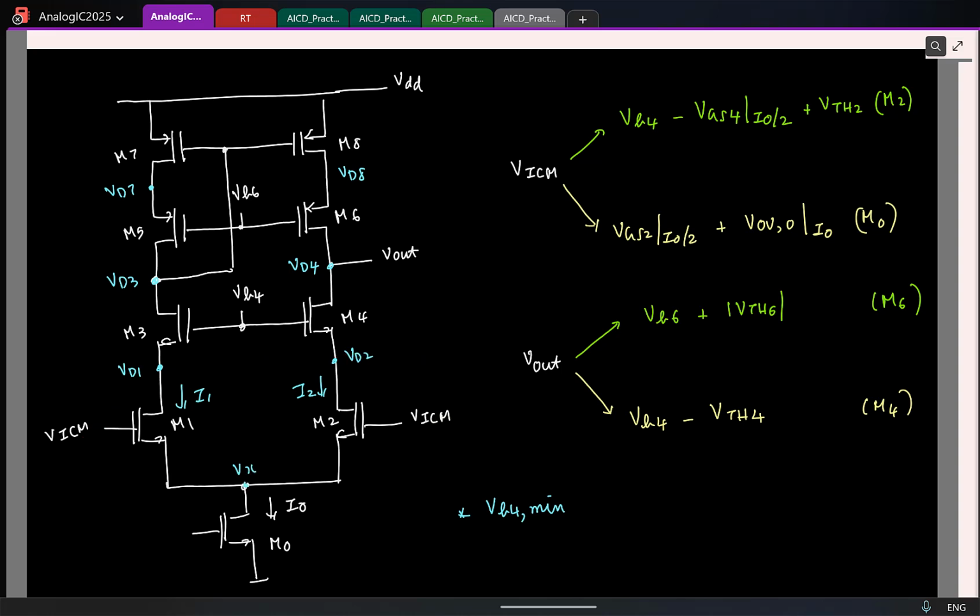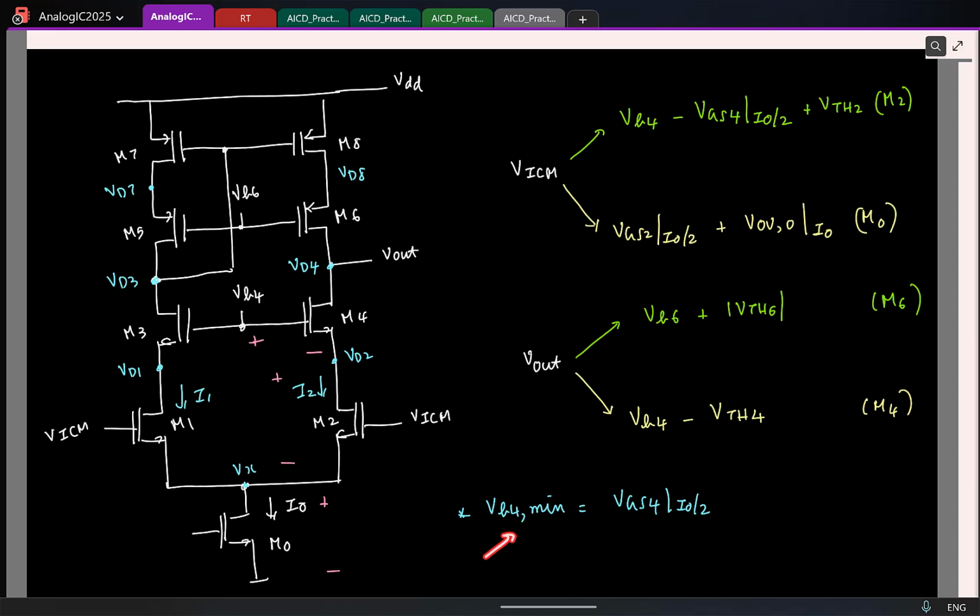Yeah? So we can try to write it directly. So help me. VB4 is this VGS plus VDS of M2 plus VDS of M0. So now let's write it. My VB4 is VGS of M4 at a current I0 by 2, correct, plus I am looking at VDS of M2.